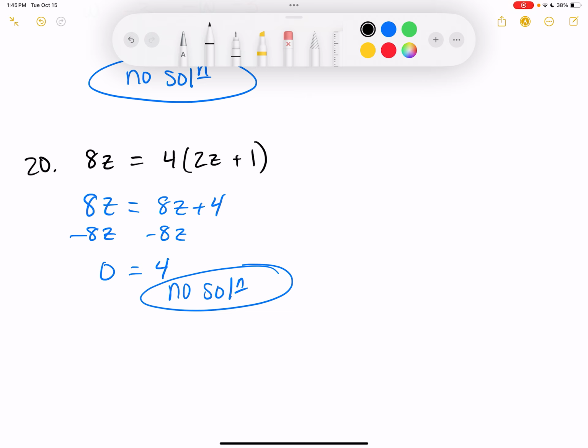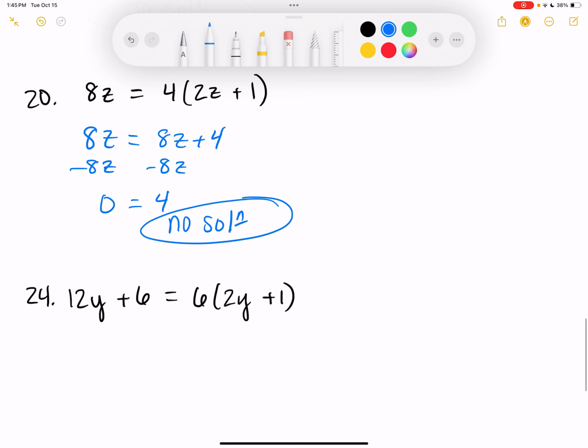Uh, 24. 12y plus 6 equals 6 times 2y plus 1. What do I do here? Distribute. And what do I get when I do that? 12y plus 6. What do you notice? They're the same.